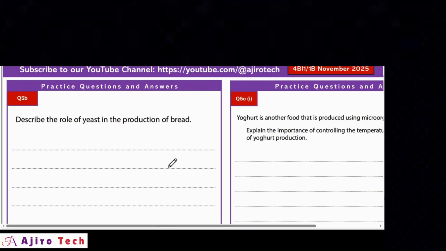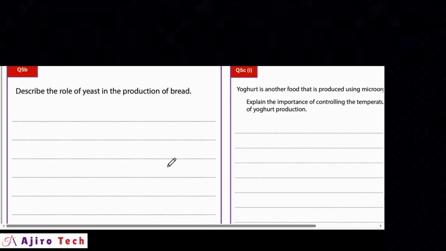Describe the role of yeast in the production of bread. Yeast is a fungus, and yeast produces a lot of enzymes.